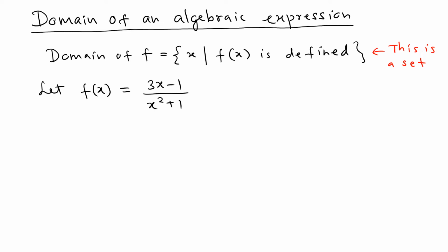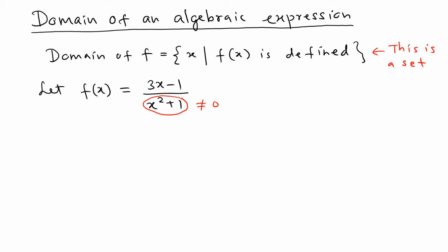If you look at this expression, you can think of what values you can plug in, and you can see that the denominator never becomes 0, because x squared plus 1 never equals 0. So in this case the denominator does not create any restrictions.